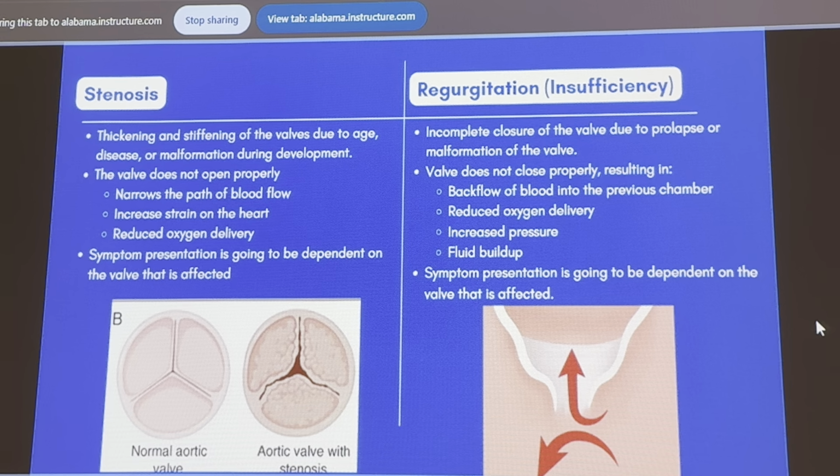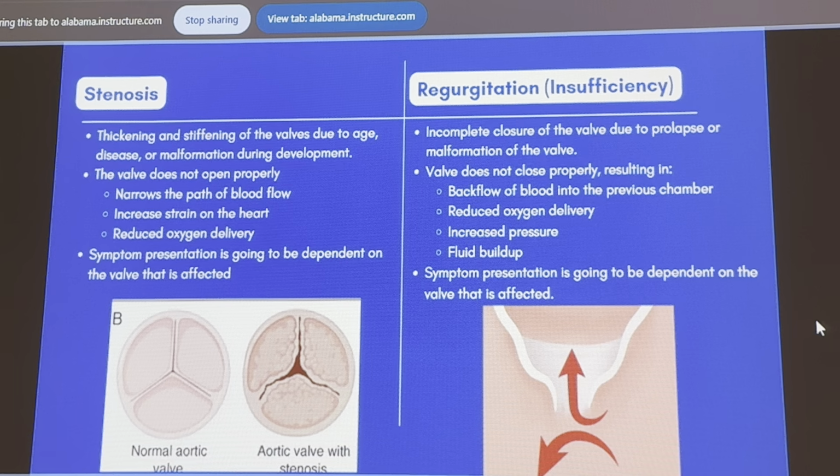So let's talk about stenosis. For some reason or another, my valve is not able to open up properly as it should. Could be a multitude of things, but it's really just the stiffening of those valves, or maybe the chordae tendineae, those little muscle tendons, little fibers, little strings, if you will, that are attached to those valves.